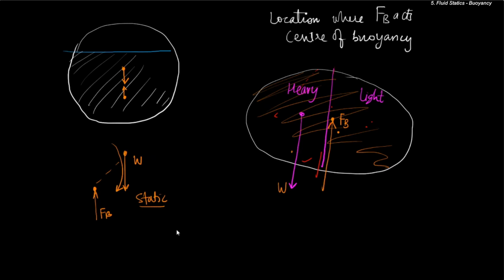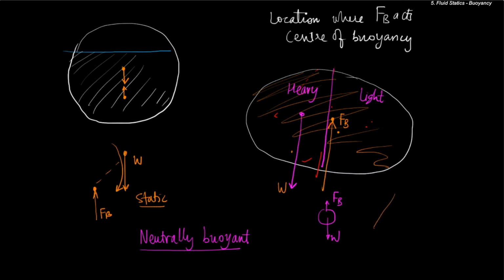An object is said to be neutrally buoyant if the force due to buoyancy is exactly balancing its weight. That is, it is experiencing no net force in the direction of gravity. And having neutrally buoyant entities is quite important for flow visualization.